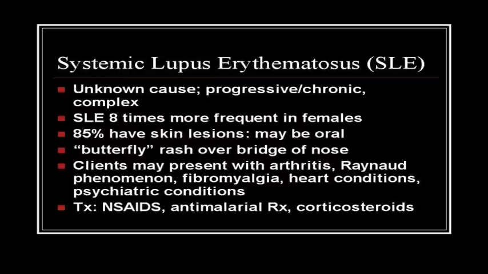Systemic lupus erythematosus, or SLE, is 8 times more commonly seen in our female clients. It has an unknown cause and is progressive or chronic and very complex. 85% of the clients will have a skin lesion. Many are oral.